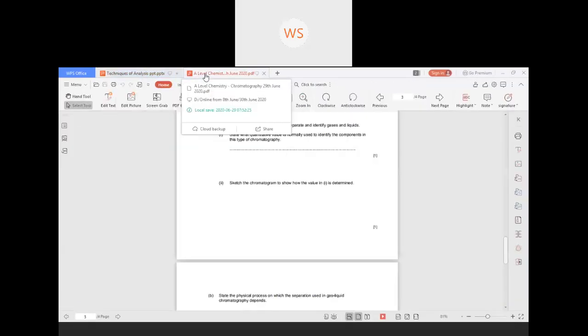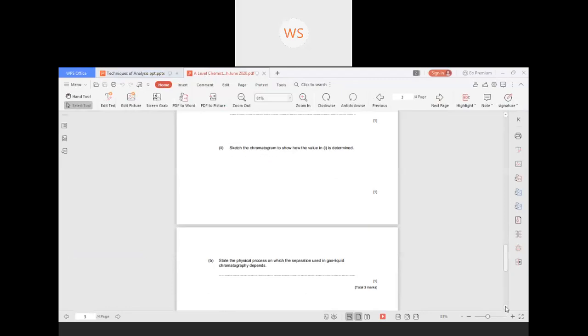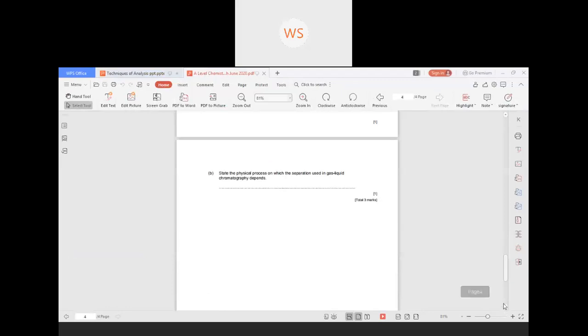Okay, and then state the physical process of separation in GLC. Partition, yes, exactly. So finished. Is it difficult?